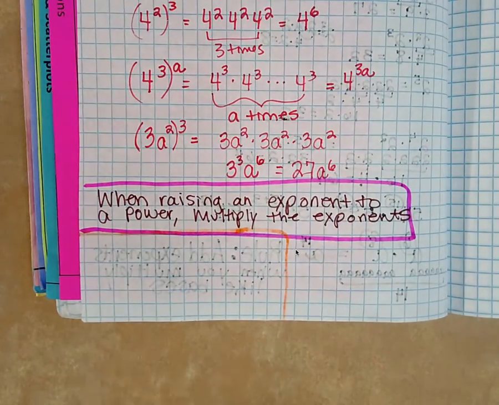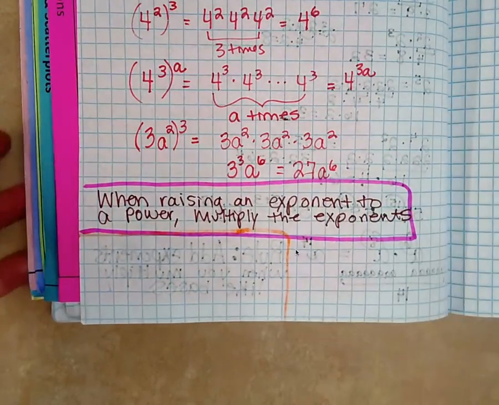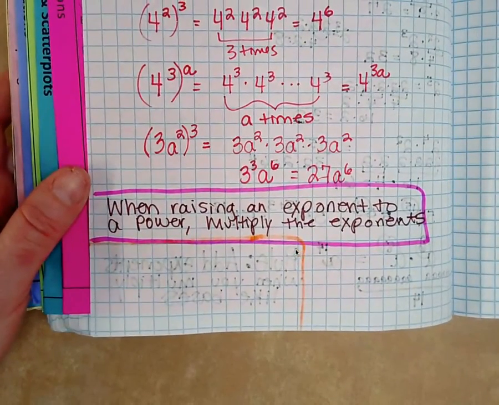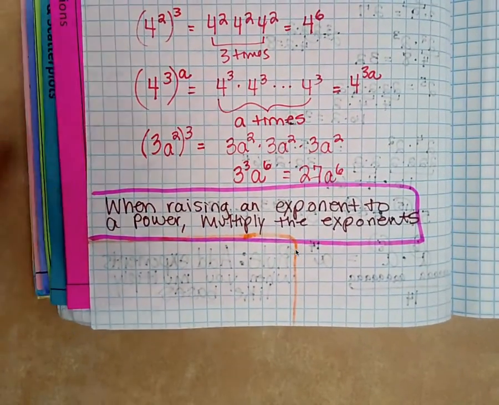This is called power of a power. Exponents are like powers, to the 3rd power, to the 5th power. When raising an exponent to a power, multiply your exponents.